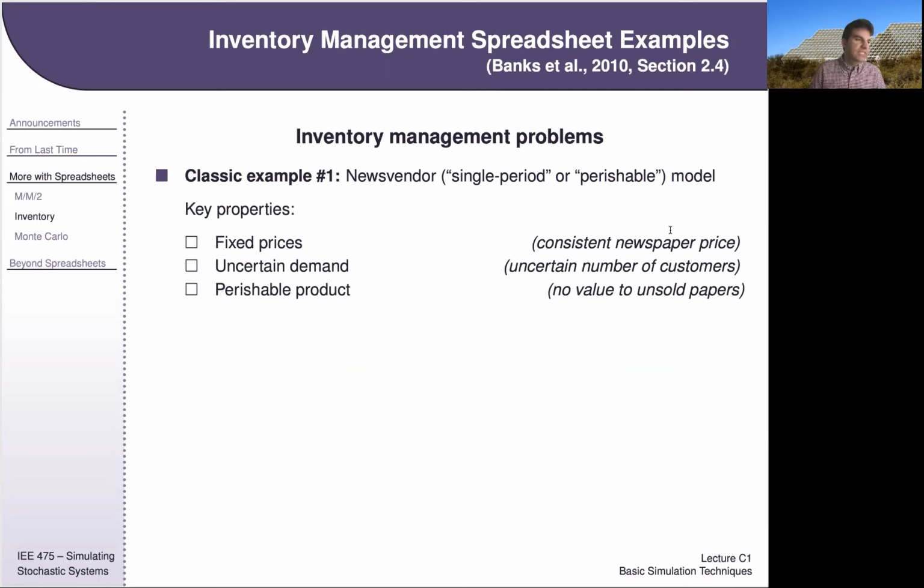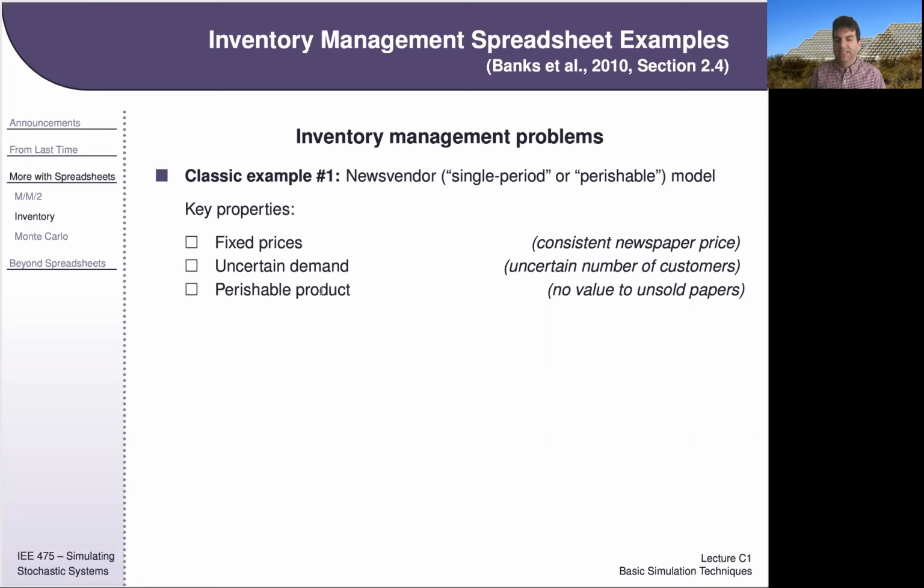Another example of that is the kind of classic thought model. For some reason, muffins don't sound exciting enough to go into the operations research textbooks, but newspapers do. If you go into an OR textbook on inventory management, you find that they often refer to the newsvendor problem. This is also talked about more generally as the so-called single period or perishable inventory model problem. For this inventory management problem, we say, what if we have fixed prices, an uncertain demand, and a perishable product?